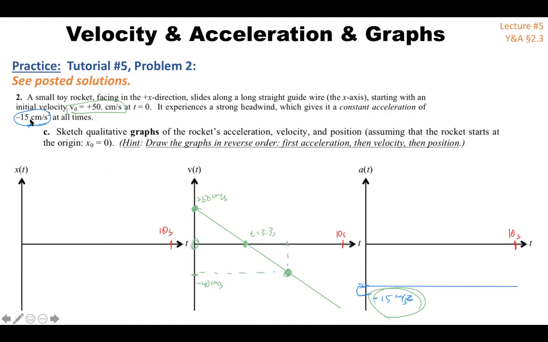A straight line with a negative slope. So another way to think about this is that the slope of this graph must be negative 15 always. So you just need one anchor point, either here or there or here, and then you can draw a straight line with a slope of negative 15 through it, and you're done.